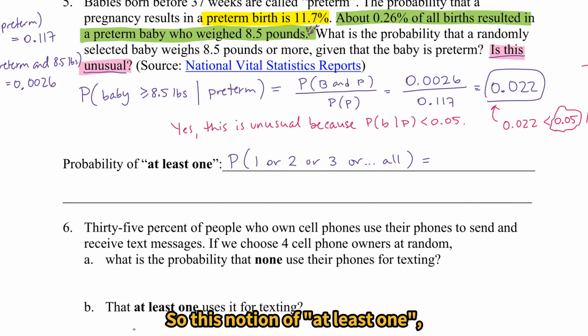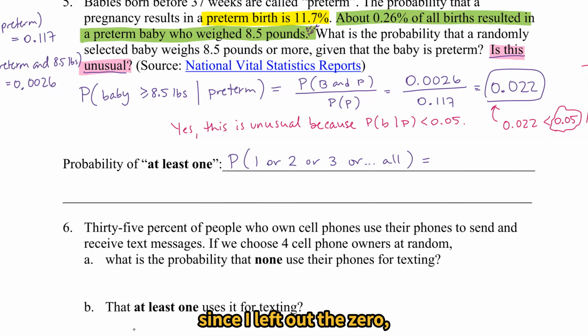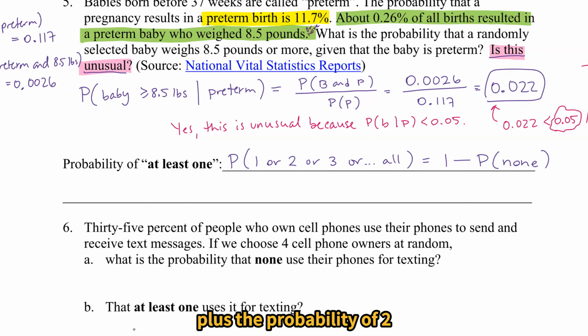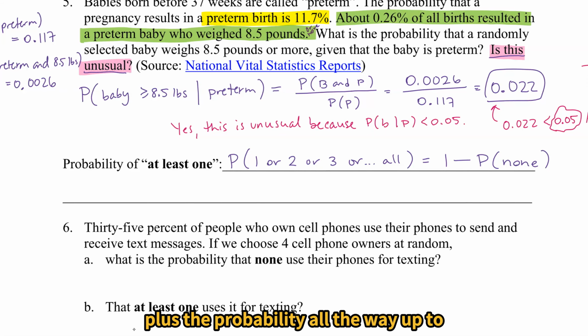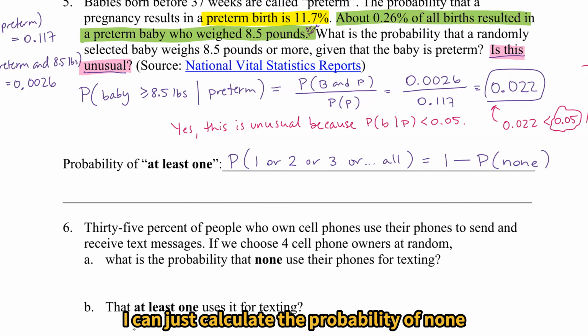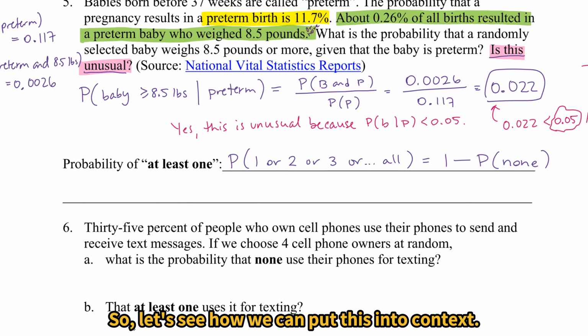So with this notion of at least 1, since I left out the 0, that's my complement. Instead of calculating the probability of 1 plus the probability of 2 plus the probability of 3 all the way up to whatever my total is, I can just calculate the probability of none and subtract that from 1. So let's see how we can put this into context.